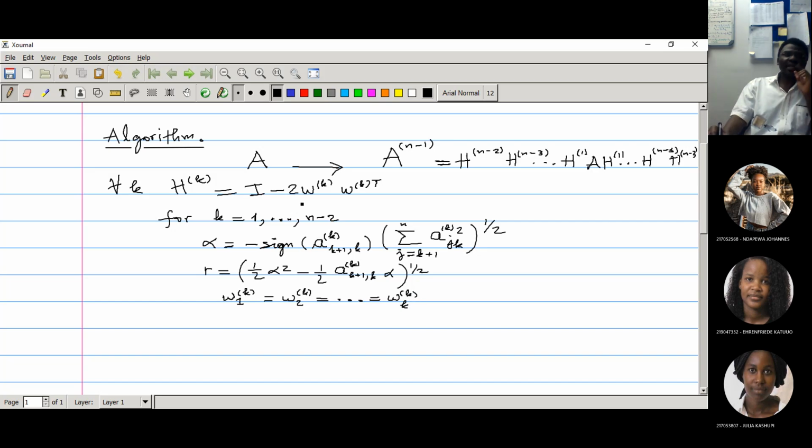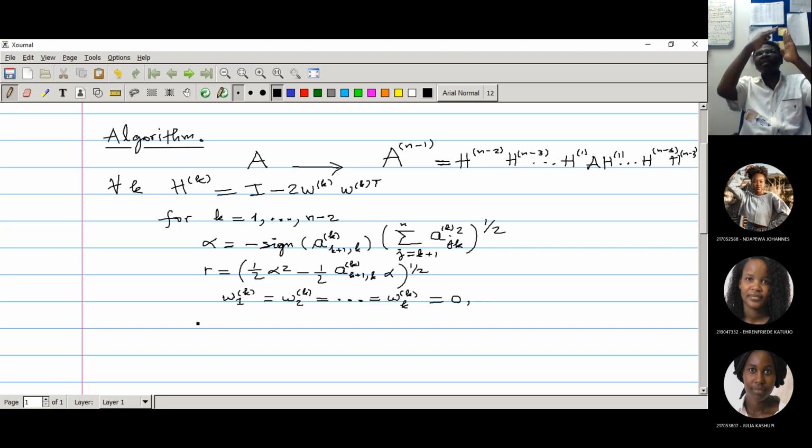So if you remember, when k is equal to 1, we take w1 to be 0, and the rest we compute. If k is equal to 5, we will take w1, w2, w3 up to w5 equal to 0, and then the rest will be computed. So we set all of them to 0, and then we compute the remaining entries of w.